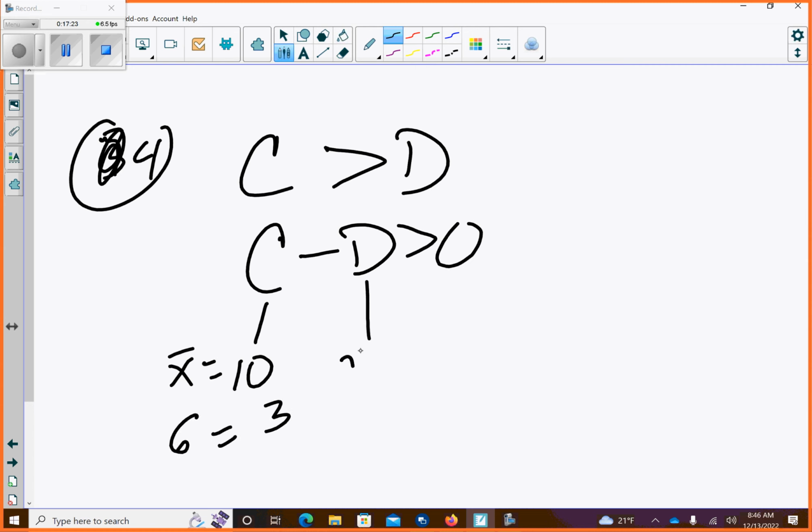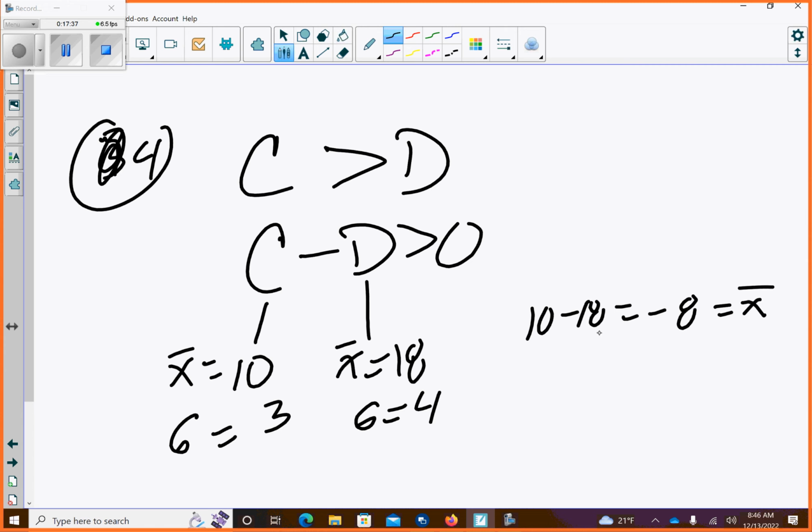Task D, the mean is 18. Standard deviation is 4. So we want C minus D, so 10 minus 18. So we're going to put negative 8 in. That's our new mean. And then I'm going to find my standard deviation. So 3 squared plus 4 squared. So that's 9 plus 16, which is root 25, which is 5. That's our new standard deviation.